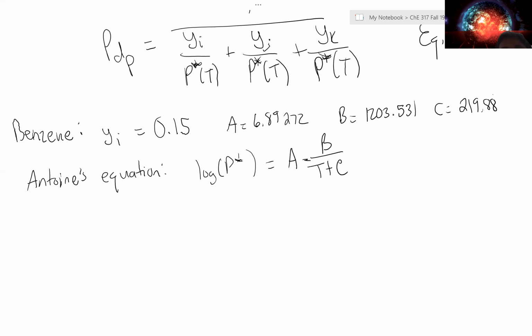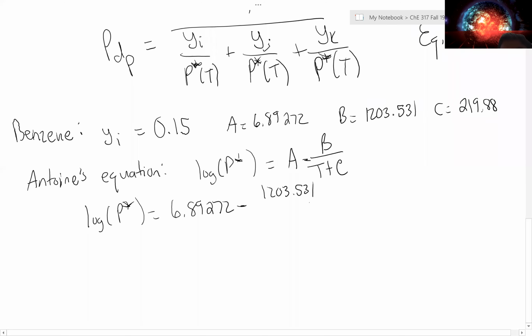And so to find the vapor pressure, I plug in these values: 6.89272 minus 1203.531 over the temperature plus 219.88, where the temperature was 80 degrees Celsius.